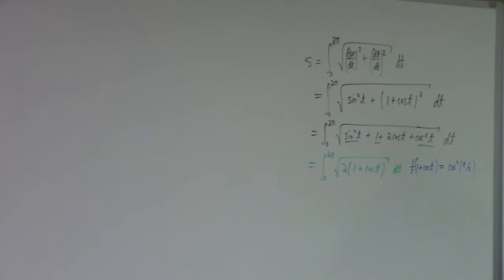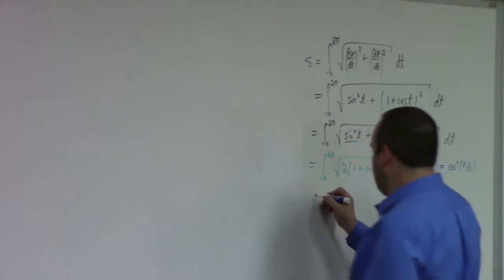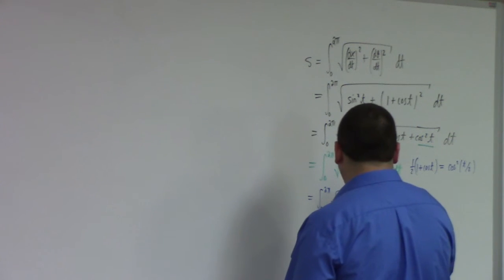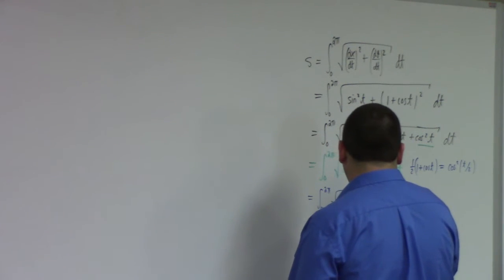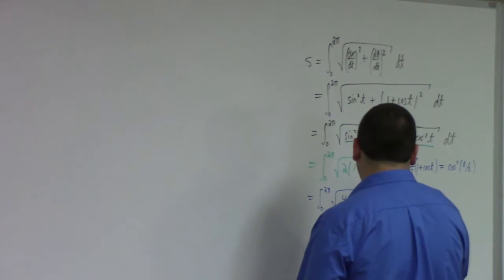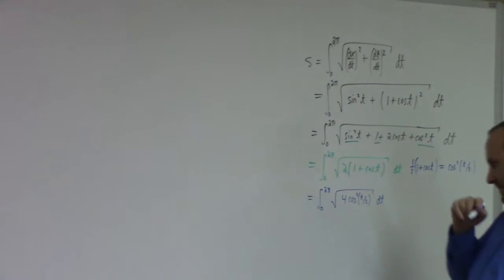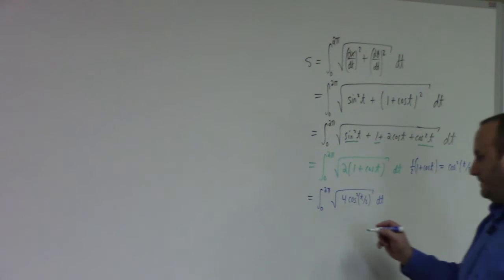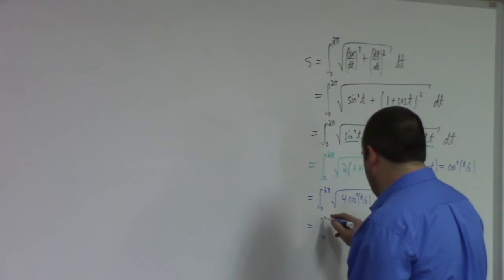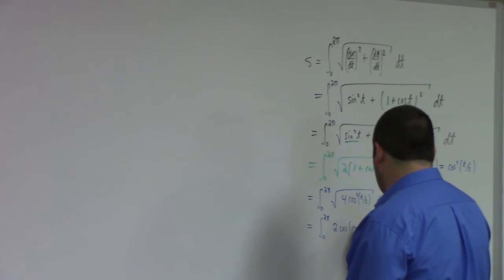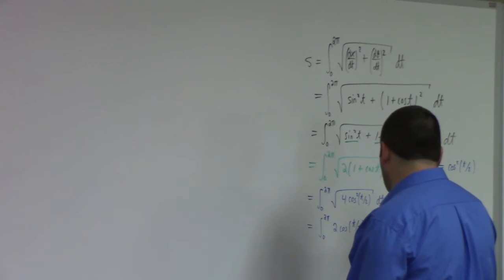So check it out. This is really then the integral from 0 to 2 pi of the square root of 4 cosine squared t over 2 dt. Square root of square, yay! So we get the integral from 0 to 2 pi of 2 cosine of t over 2 dt.